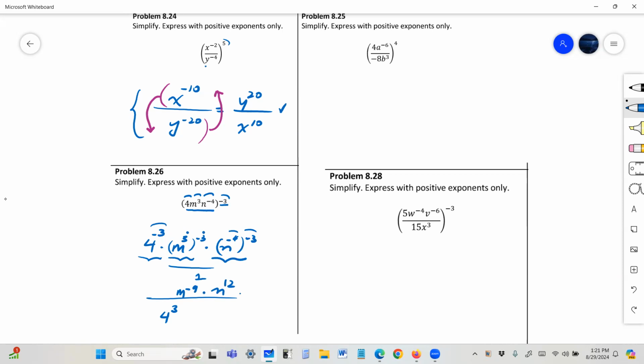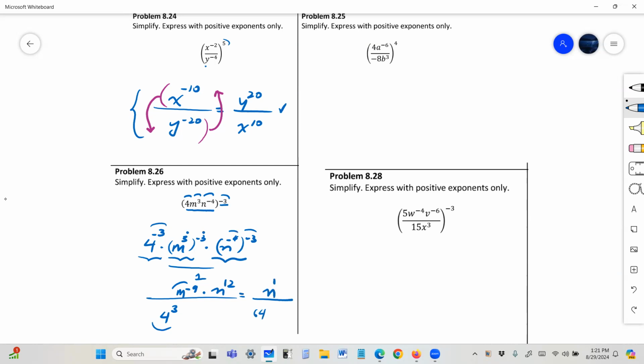So I'm almost done with this problem, with the exception that I have to evaluate what this is, and I have to turn this into a positive value. So 4 to the third is 4 times 4 times 4, which is 64.